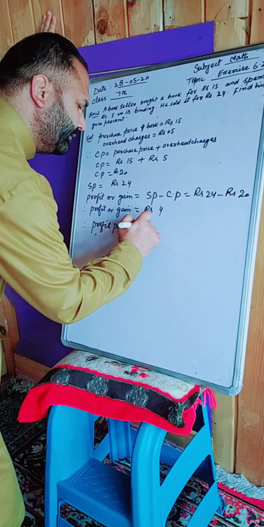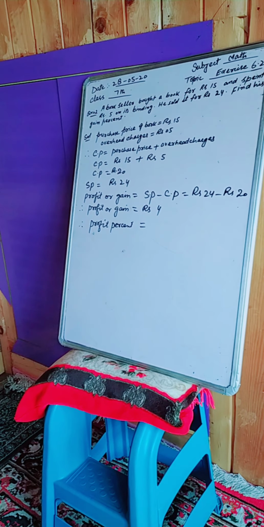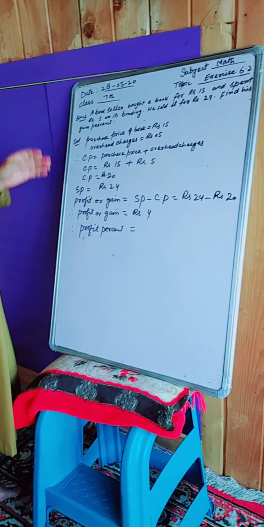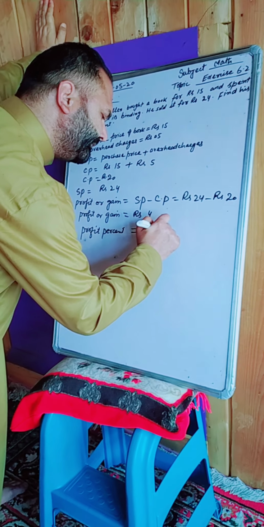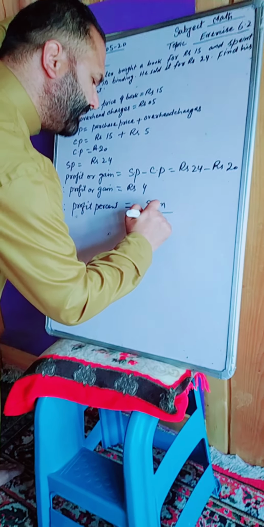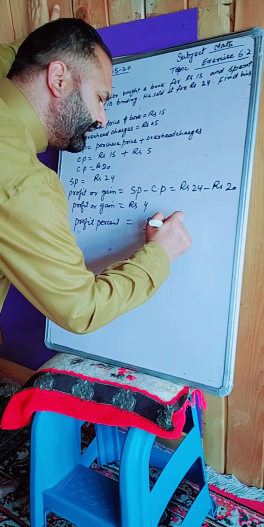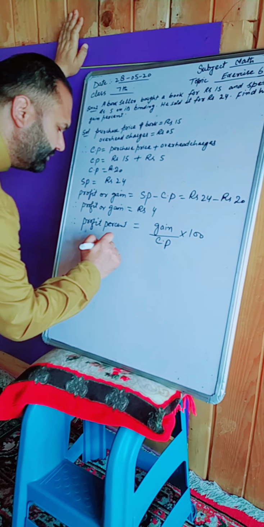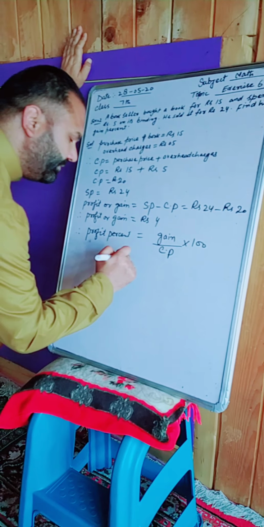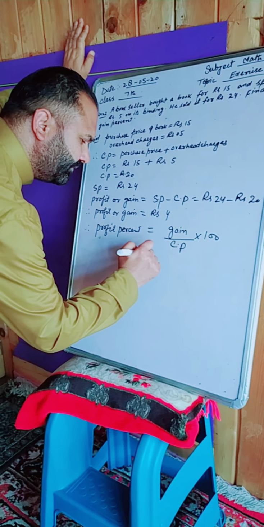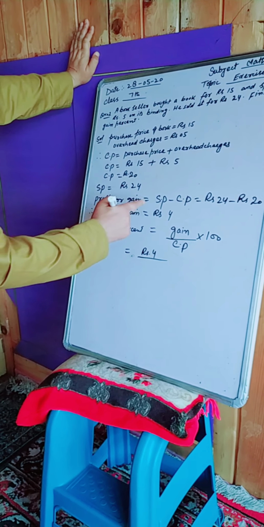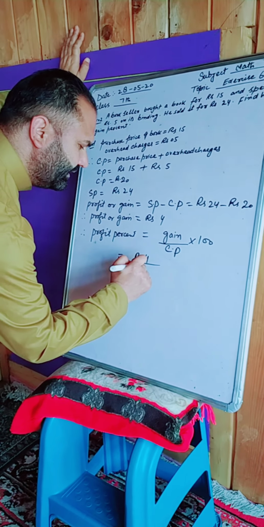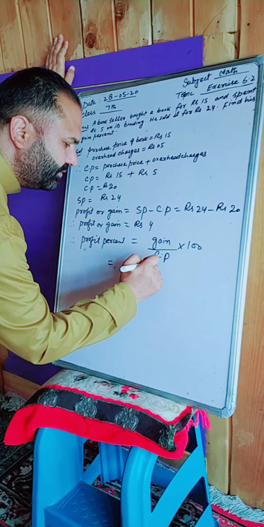is equal to, I have already told you the formula, gain or profit divided by CP, meaning cost price, multiplied by 100. So this is equal to gain, which is Rs 4, over cost price, which is Rs 20, multiplied by 100.